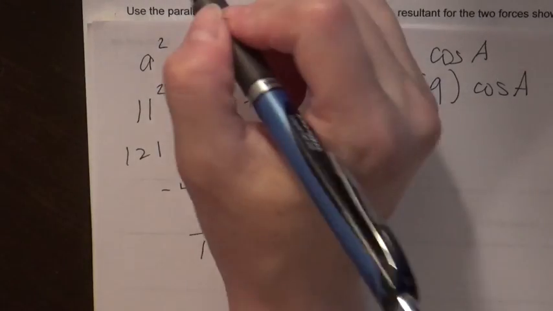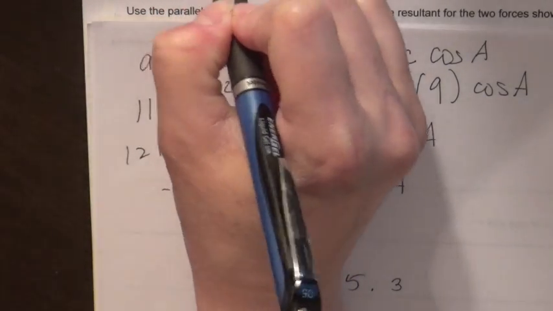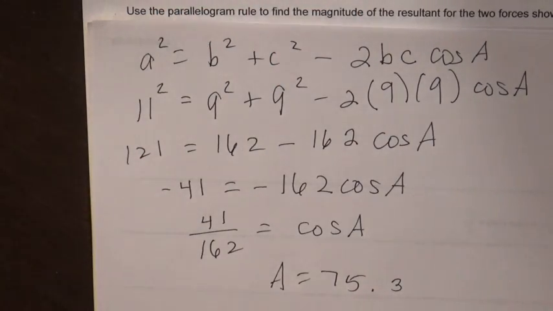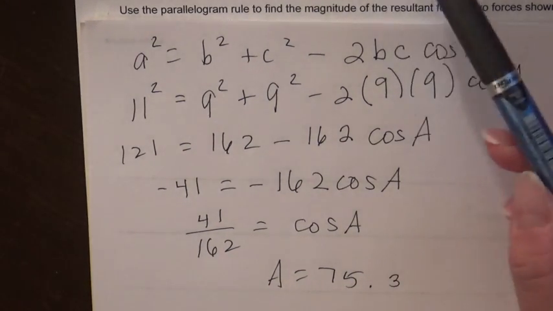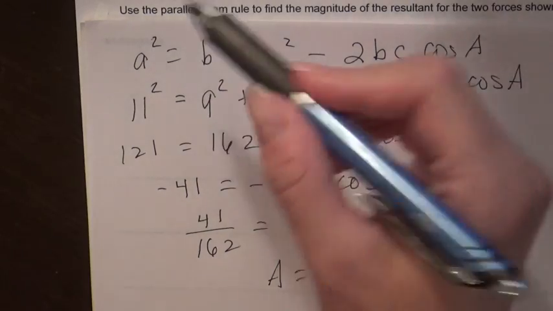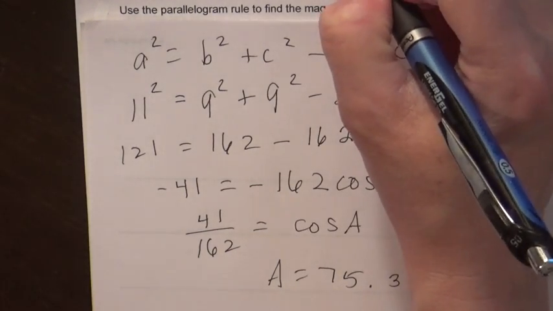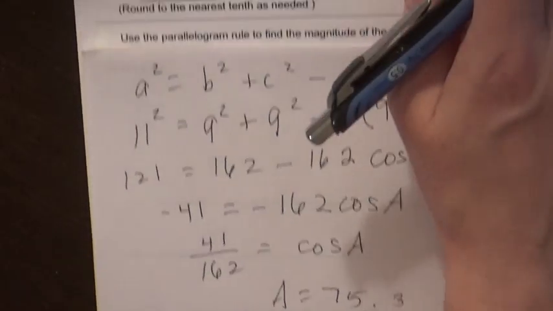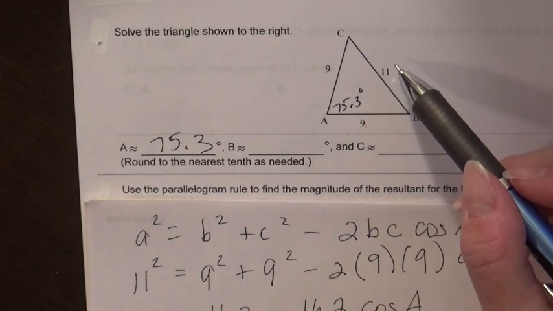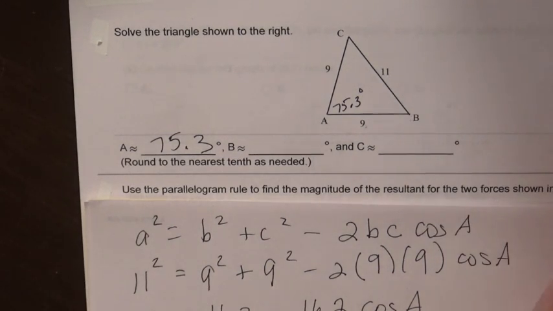To get angle B, you can use the same formula again, just solving it for angle B. Or because you've got angle A, you can write that in and now use the law of sines. That's faster.